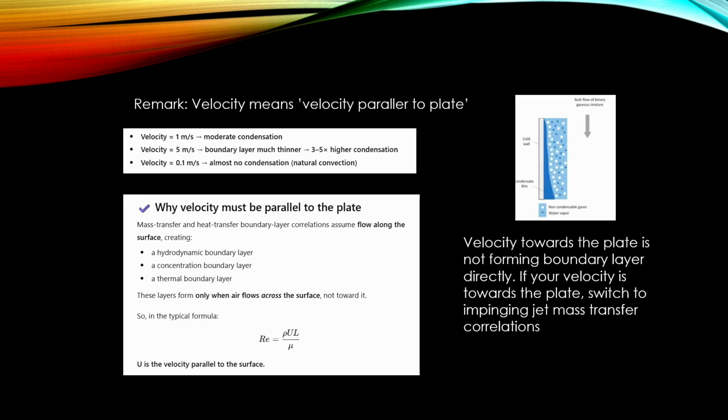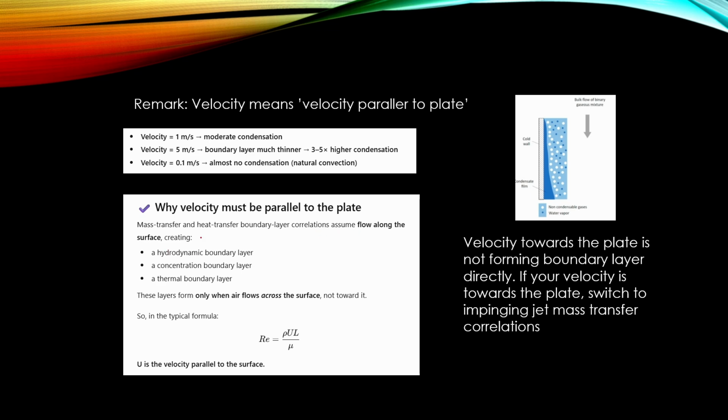There is one thing which I want to point out, and it's this velocity. In this kind of cases, the velocity always means the velocity parallel to the plate. That's because in this kind of cases, the boundary layer correlations assume flow along the surface.